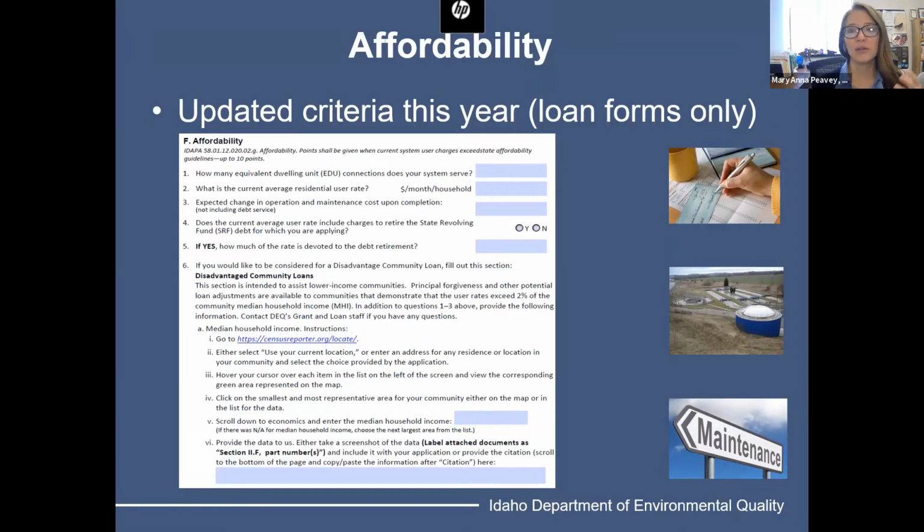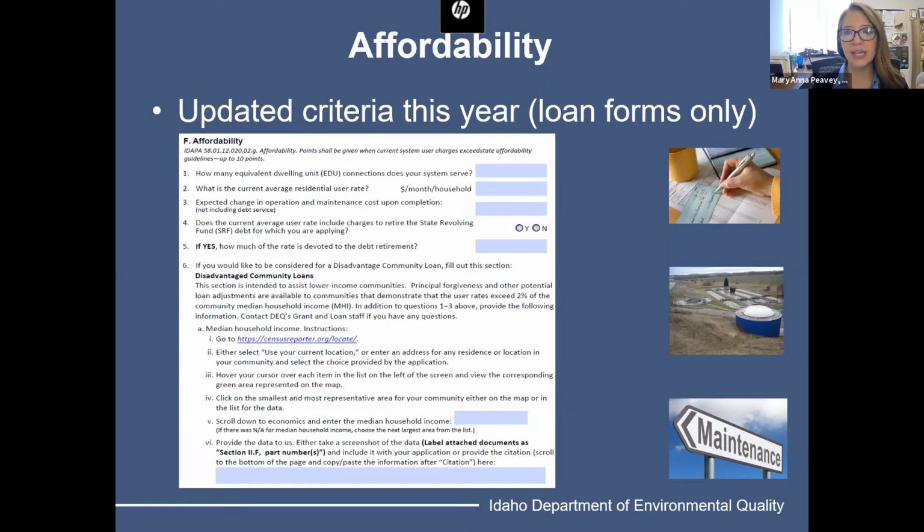Now, in order to show us what your median household income is, we do need to see the evidence. We need to see how you came up with that figure for your median household income. We will be showing you how to receive that information on the census data.